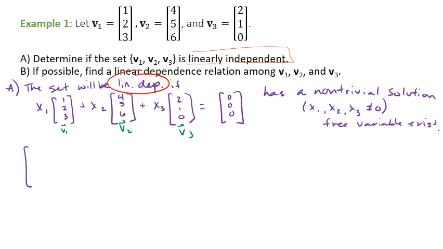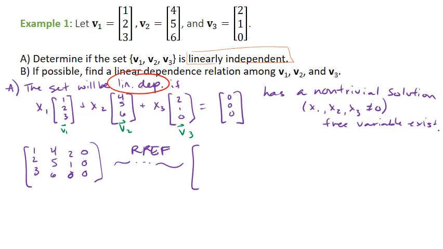It's all the same, it's just written in different ways. So here's our matrix. We want to row reduce this. You are certainly able to do this by hand if you need the practice. So if you put this in reduced row echelon form, you get the following matrix.